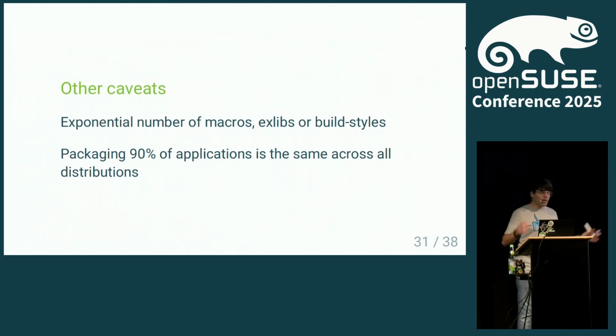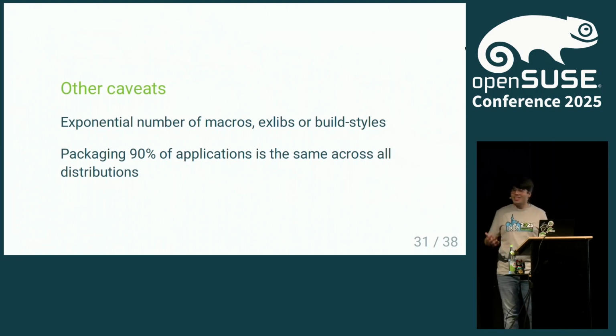We can have an exponential number of build styles, and this is also an issue, because we don't know when we are going to remove all these build styles. Maybe we need all of them. And now we need to maintain 150 build styles. Okay, that might not be a big number, and then it becomes 200, and maybe more.